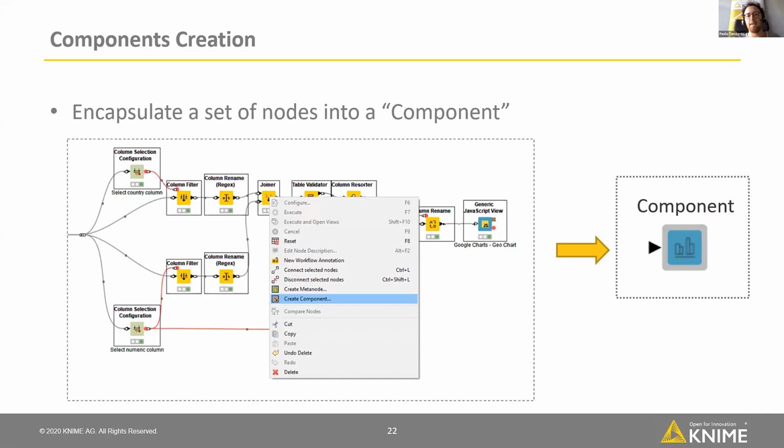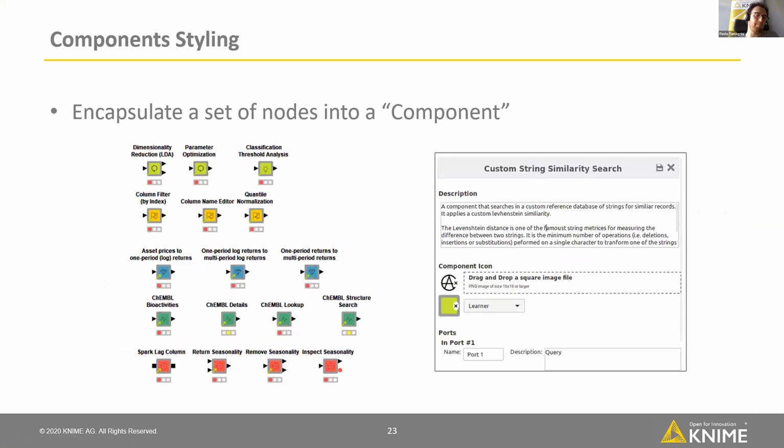This is in order to create a piece of workflow packaged in a way that it behaves like a node. Regarding all the information that you want to give along with the component, there is this node description panel from which you can add a symbol, add colors, and beautify and style it.